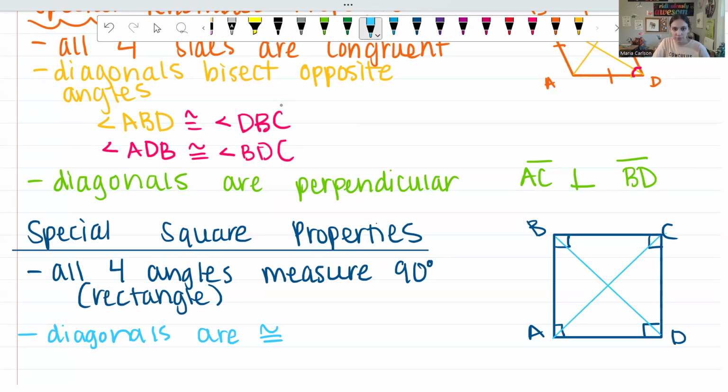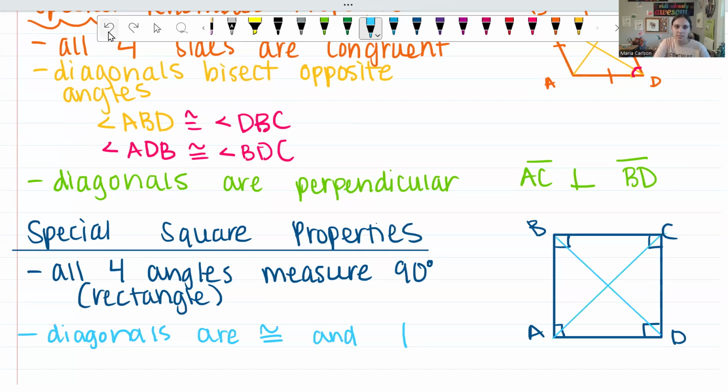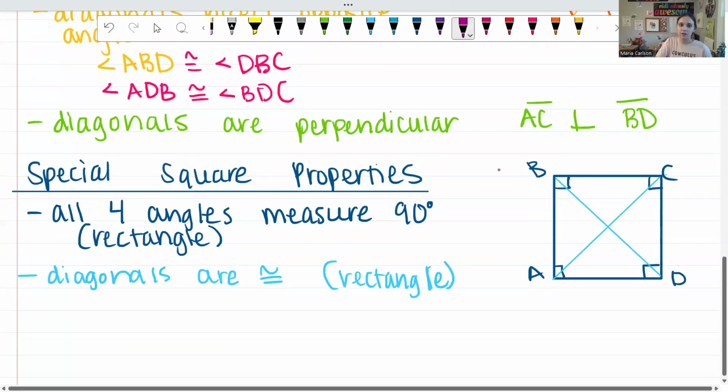So they are congruent and perpendicular because, well, let's start with this. They're congruent because it's a rectangle. And then because it's a rhombus, the diagonals are perpendicular.